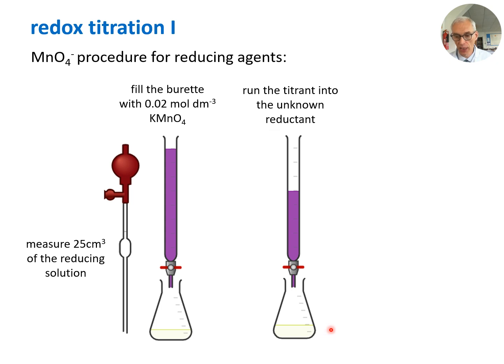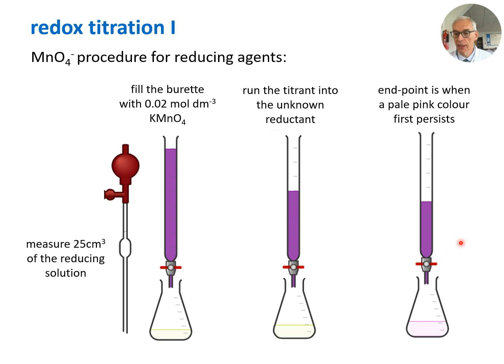The purple color will disappear. The end point is when a pale pink color first persists. So at that point, there is a very small excess of manganate 7 ions being added. So that will be your titration endpoint.